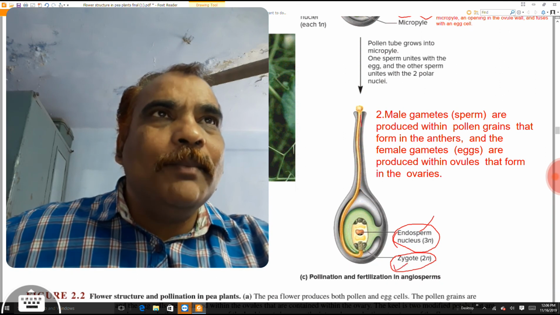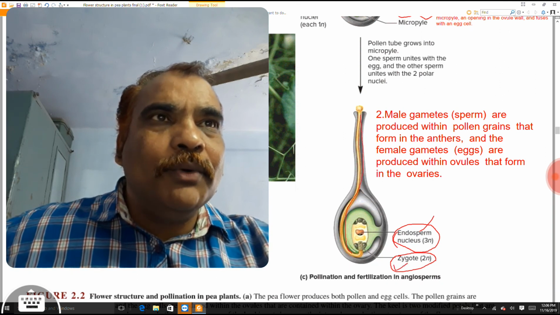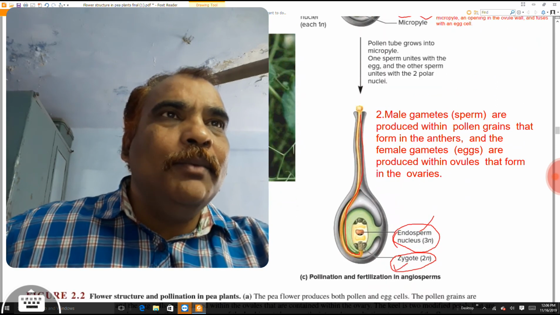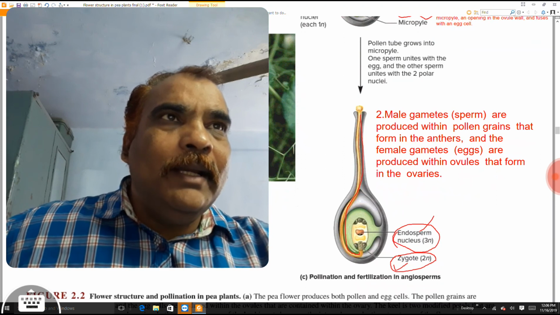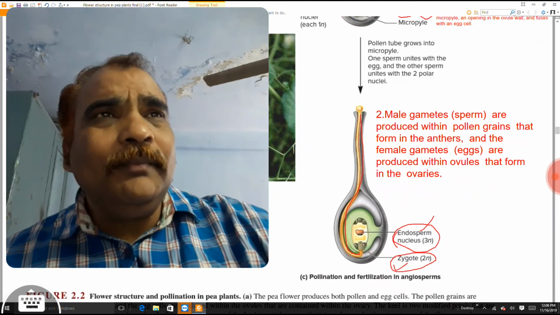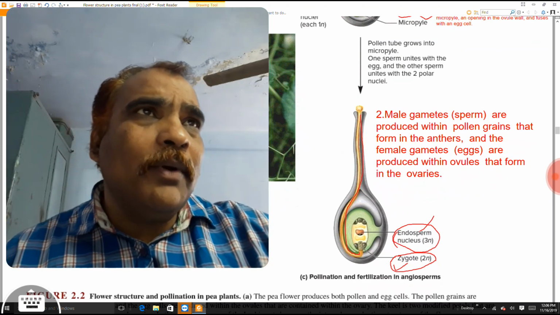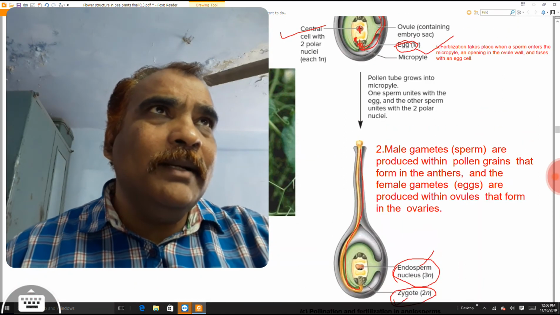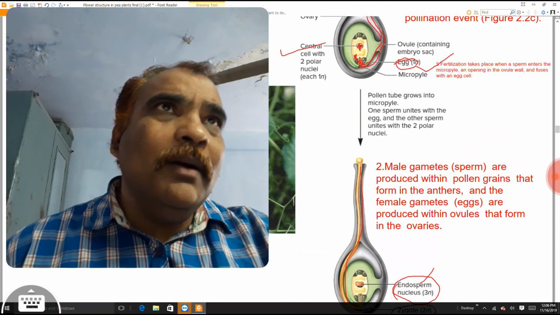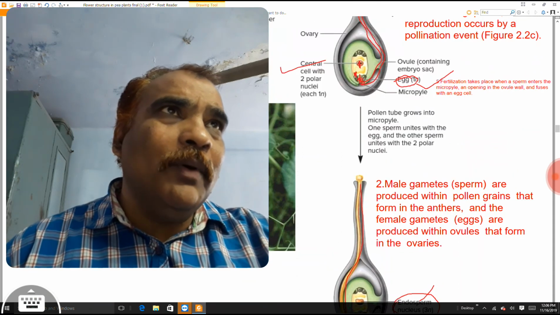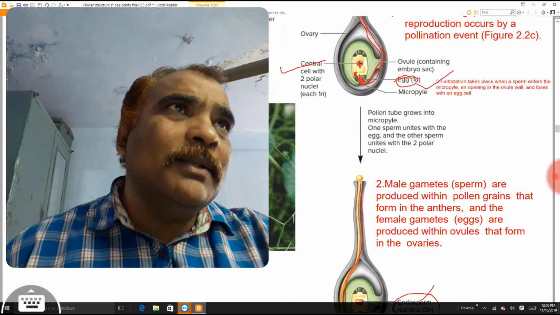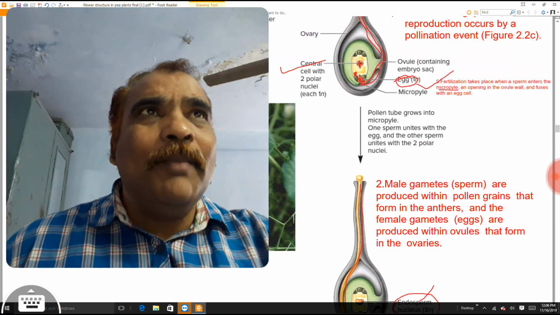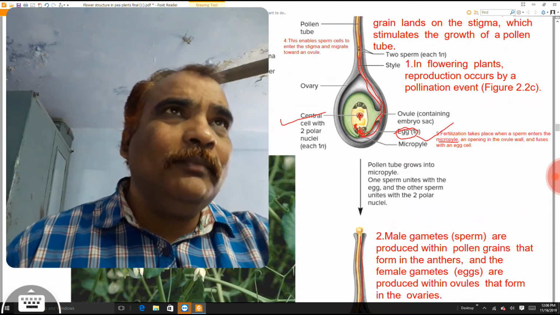You see how the pollen tube enters the ovule through a small opening in the wall. This opening in the ovule wall is known as the micropyle.